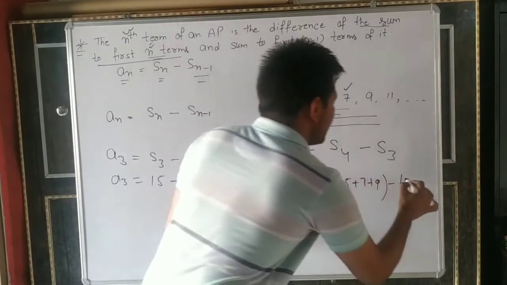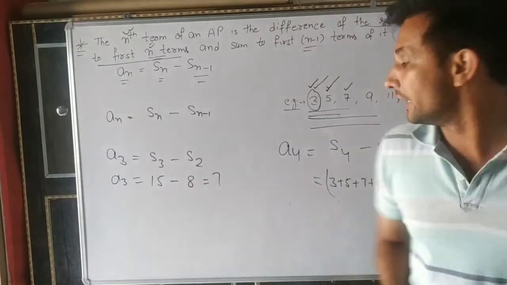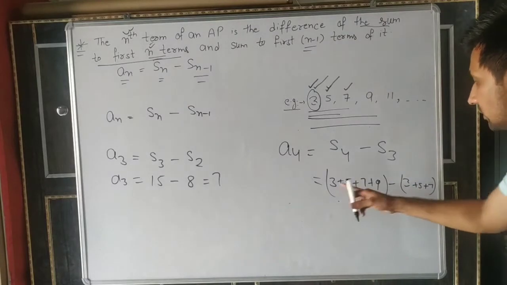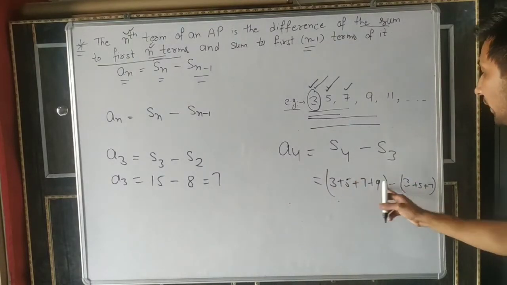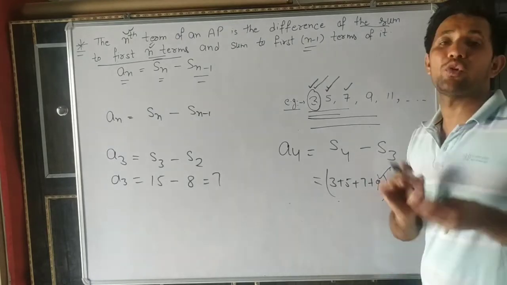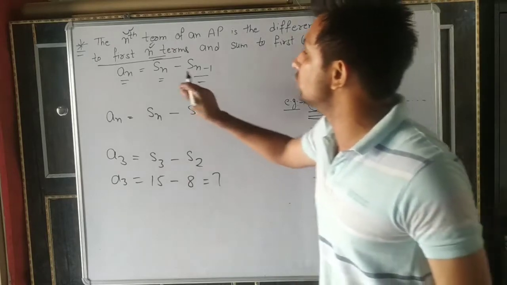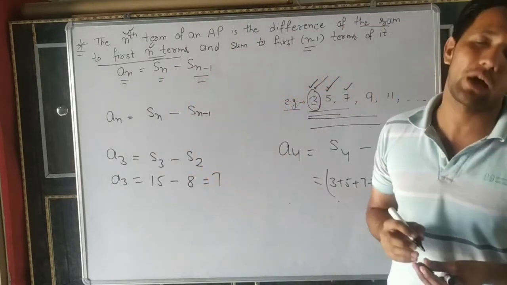What is S3? 3 plus 5 plus 7. It means it is negative. 3 minus 3 is 0, 5 minus 5 is 0, 7 minus 7 is 0. What remains? Only the nth term. Understand? So if you want to find any nth term, what will we use? Sn minus Sn minus 1. It is your formula, dear.